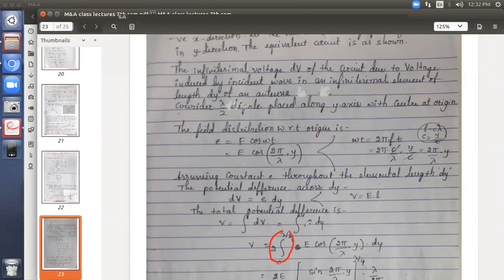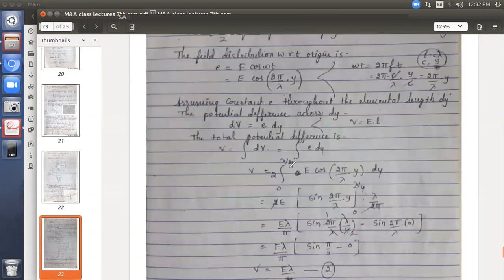So with this range, small e, just now we have seen it is the sinusoidal distribution. So it is e cos of known terms 2 pi by lambda into y, and the differentiation is with respect to dy. After this, 2 is kept constant, e is also constant, take it outside.